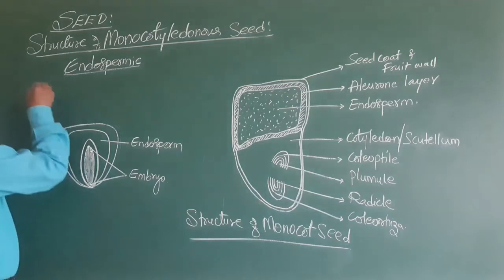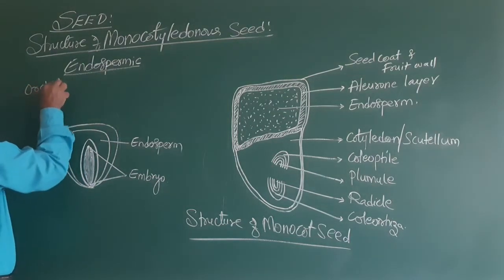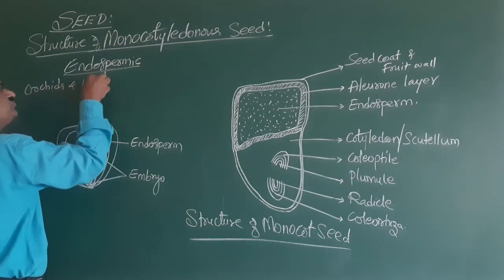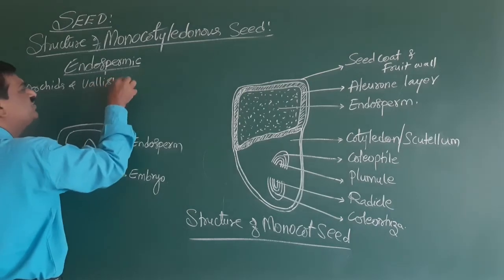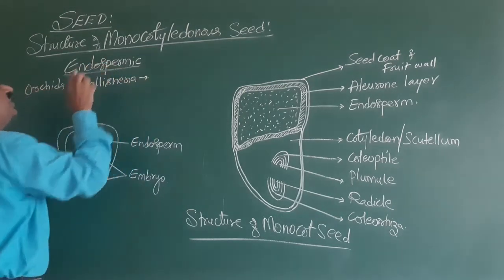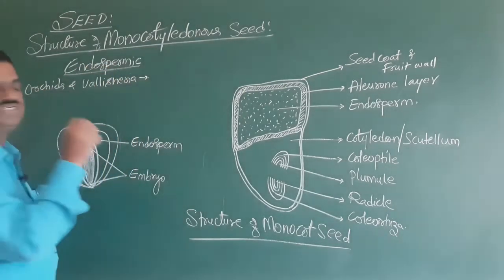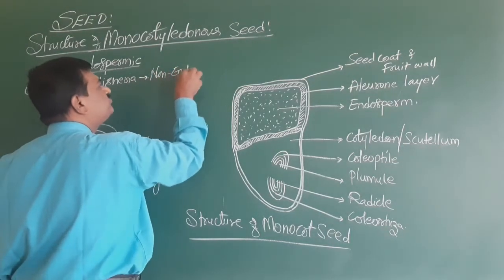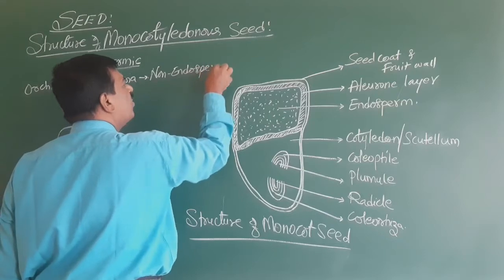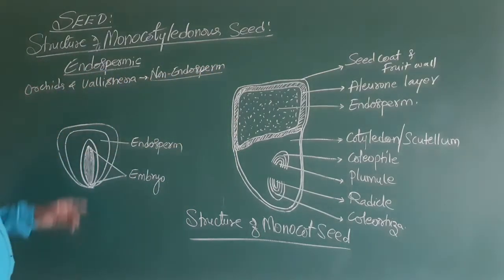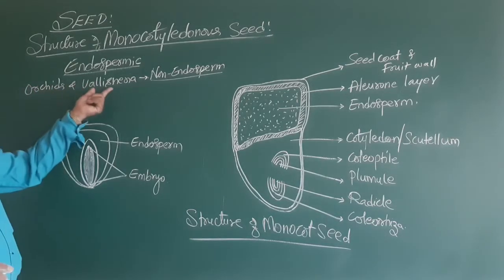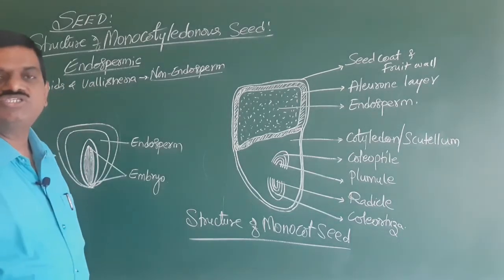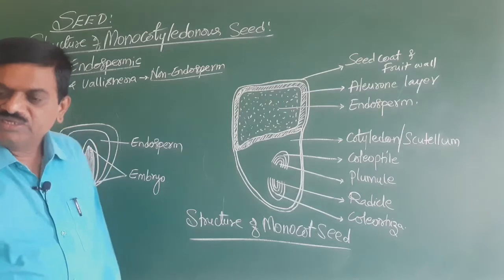Some, like orchids and Vallisneria, have no endosperm, so they are called non-endospermic.